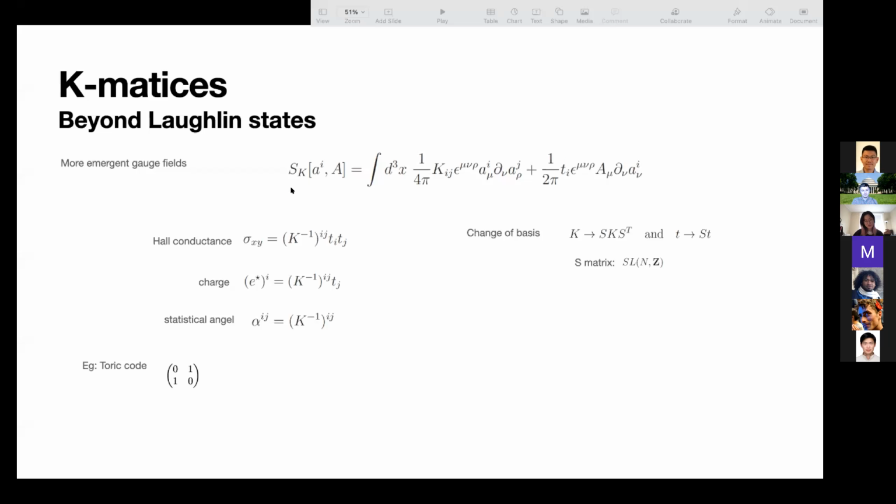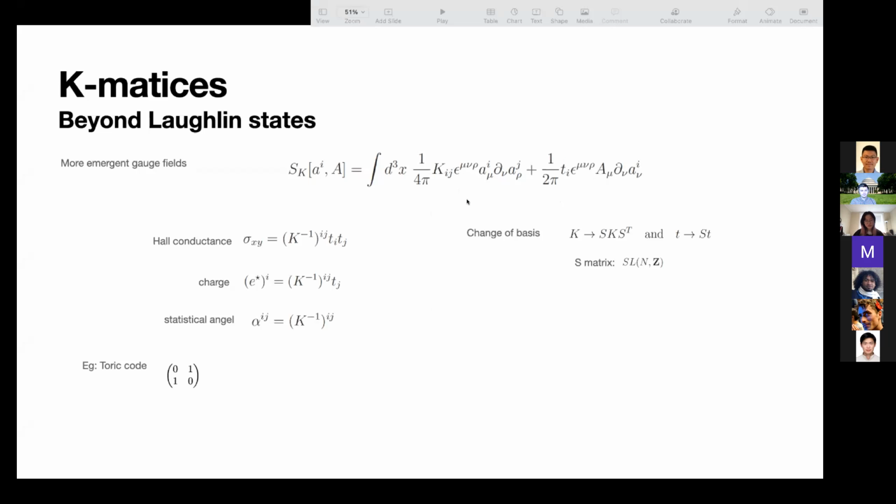And in general, the effective action will be like this. We have a Chern-Simons term between the emergent gauge fields and a mutual Chern-Simons term between the emergent gauge fields and the probing field. And the coefficient here is a matrix. People call this the K matrix.